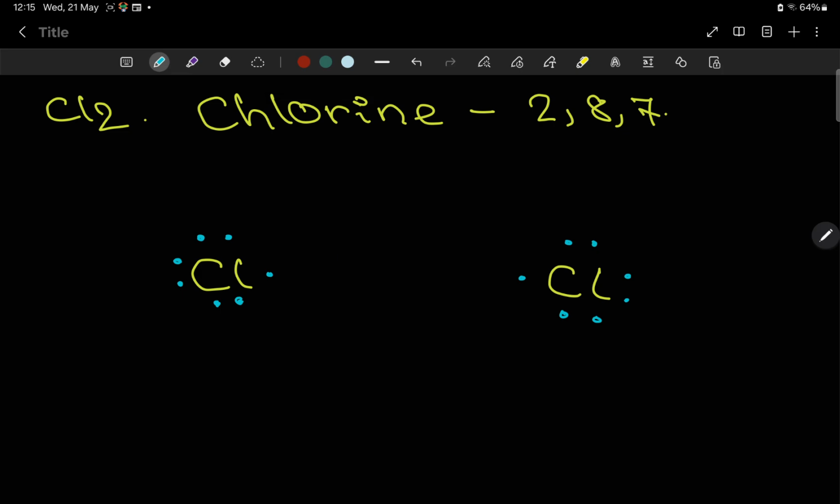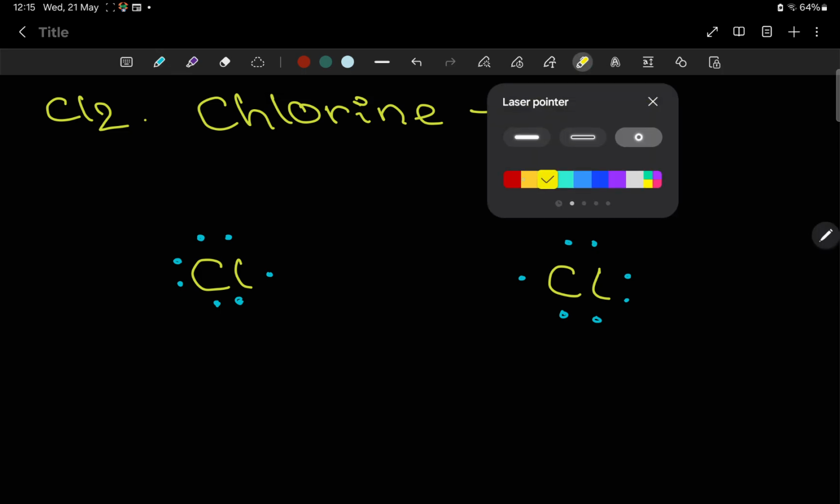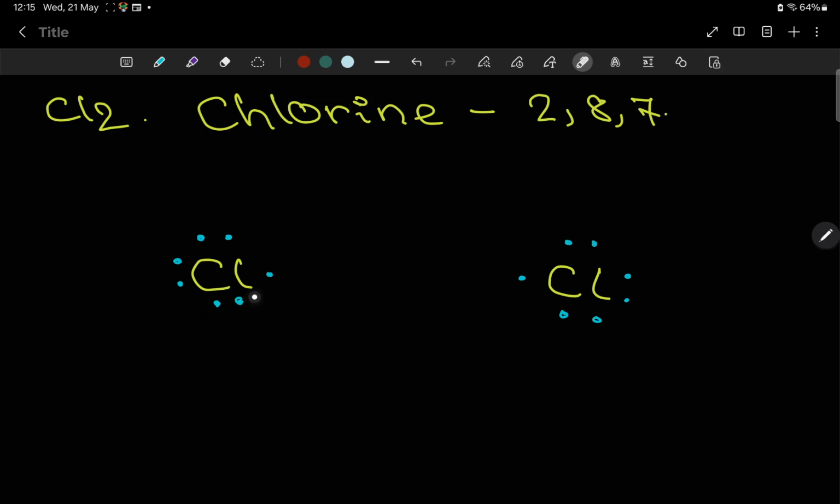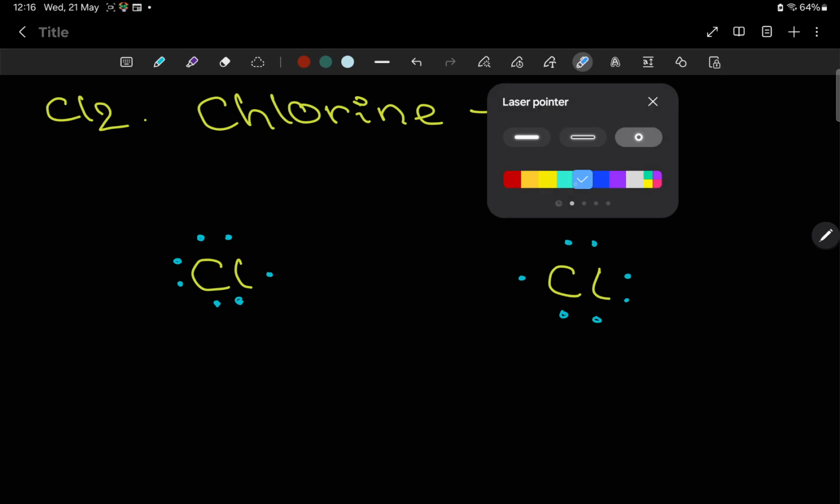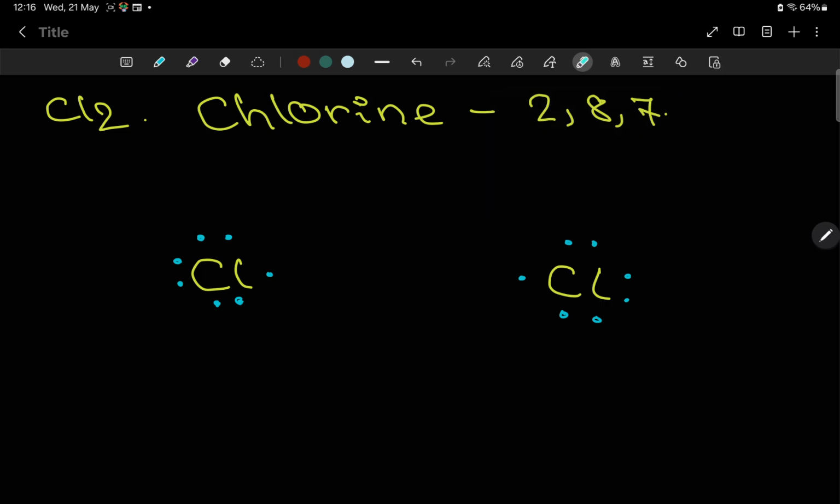So this chlorine needs another 1 electron to complete its octet configuration. So this one electron and this one electron will be shared with each other to attain the octet configuration.